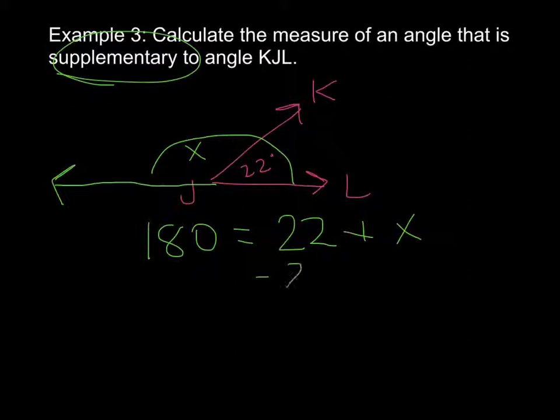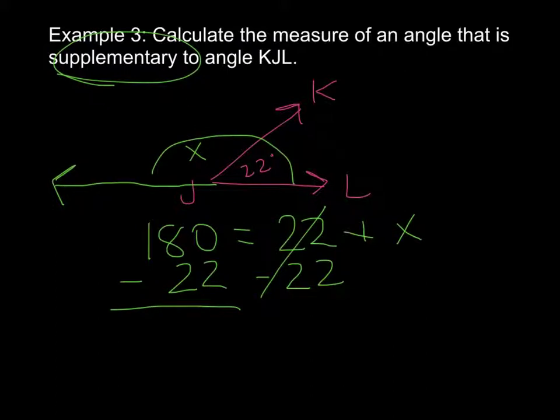And if we subtract 22 from both sides, we find that x equals 158. So the angle that is supplementary to angle KJL measures 158 degrees.